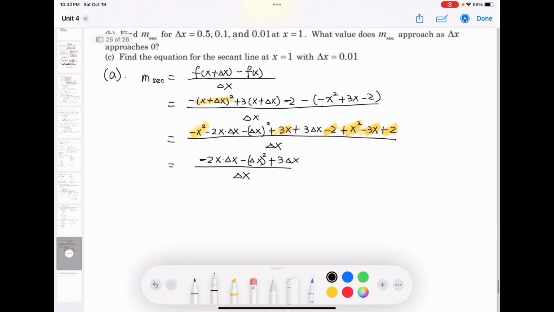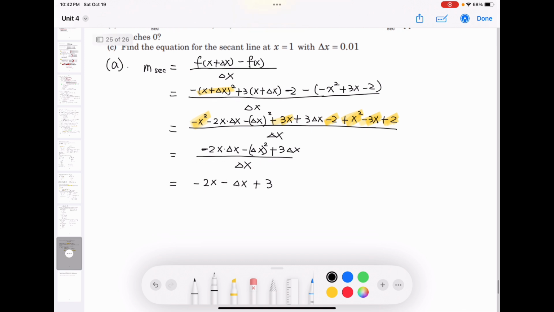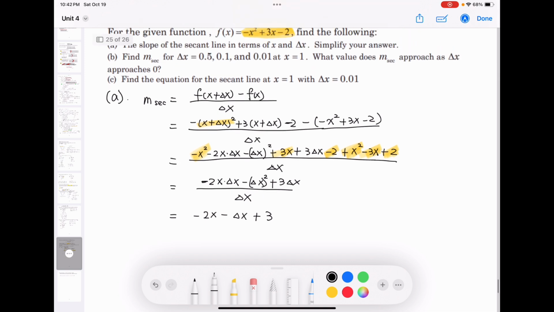The top 3 terms all have the delta x, so divided by the delta x at the bottom, we can cancel out the delta x. So it's negative 2x minus delta x plus 3. Okay, so we found the slope of the secant. So we found the slope of a secant line in terms of x and delta x.